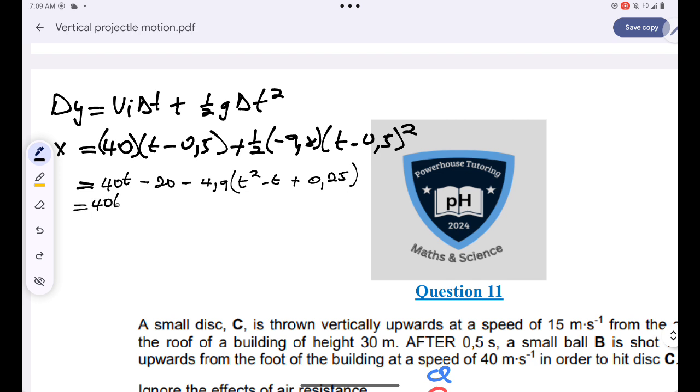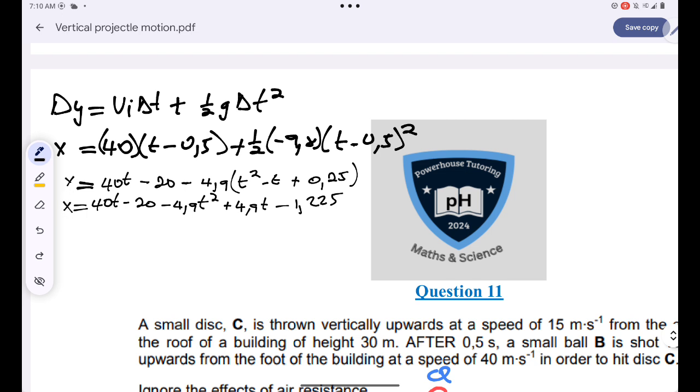This will give us 40t minus 20 minus 4.9t squared plus 4.9t minus 4.9 times 0.25. That's negative 1.225.